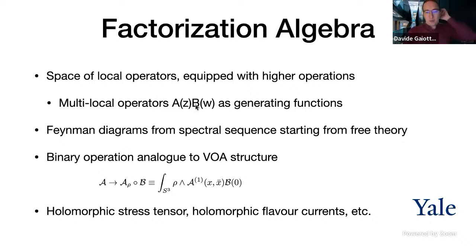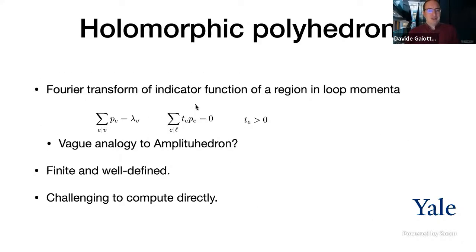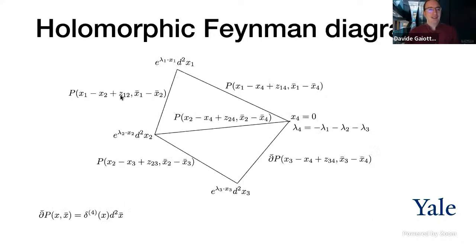And then when you compute correlation functions with multi-local operators, that's when you get these funny shifts in the propagators. Say here I was placing the operator at x2, but actually some of the fields were shifted by some formal parameter so that I can treat simultaneously all the derivatives of the fields.